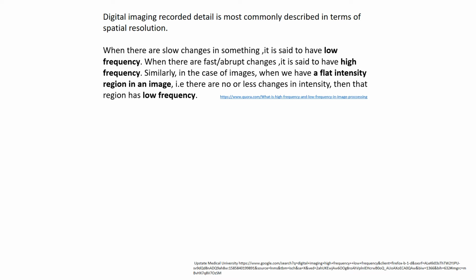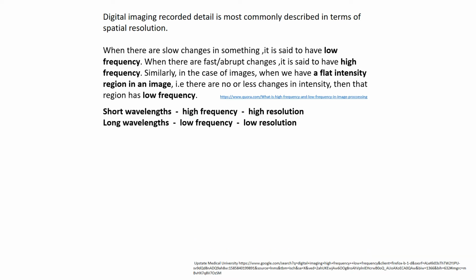So basically what we're saying is the higher the frequency, the more detail can be recorded. Lower frequency, less detail would be recorded. So short wavelengths, high frequency, high resolution; long wavelengths, low frequency, low resolution.